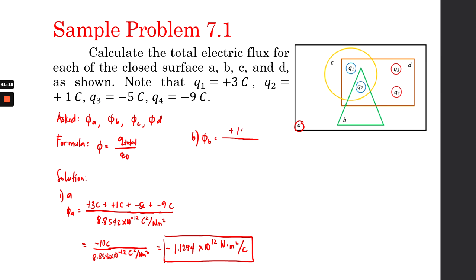So this positive 1 coulomb is divided by 8.8542 times 10 raised to negative 12 coulomb squared per newton meter squared, and that is equal to 1.1294 times 10 raised to 11 newton meter squared per coulomb.